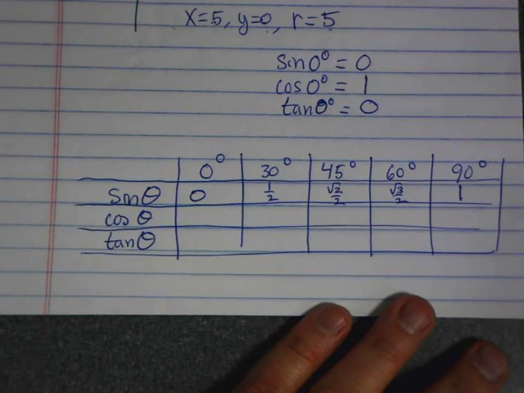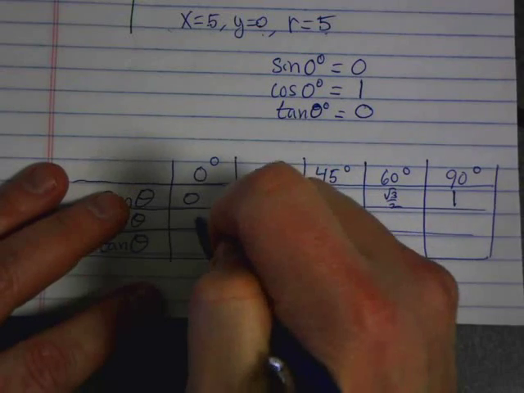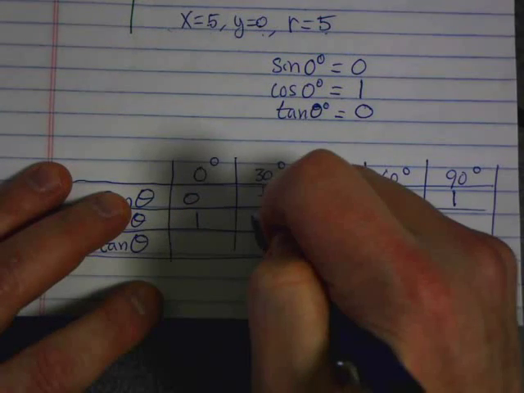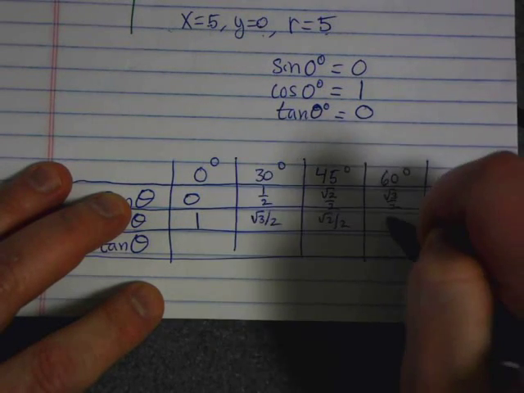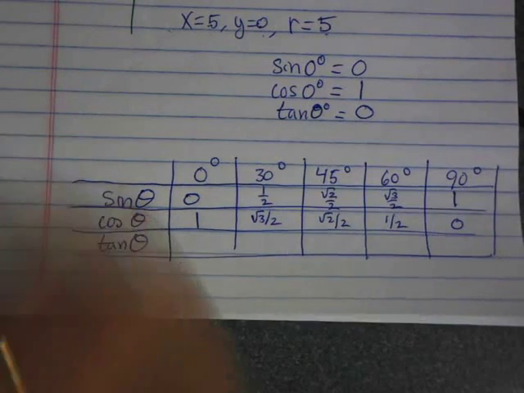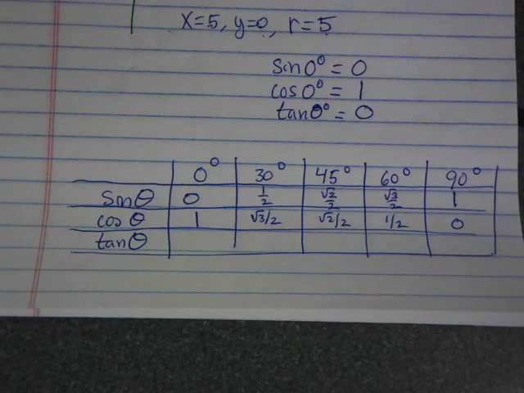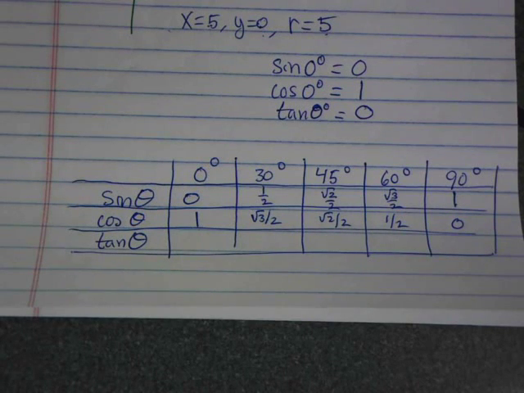Cosine simply goes backward: it starts at 1, then square root of 3 over 2, square root of 2 over 2, 1/2, and then 0. So if you know the sine values, for free you get all the cosine values. Just write them backward.